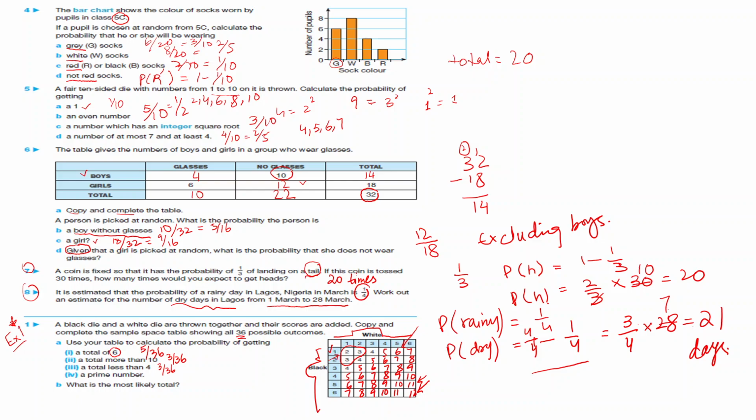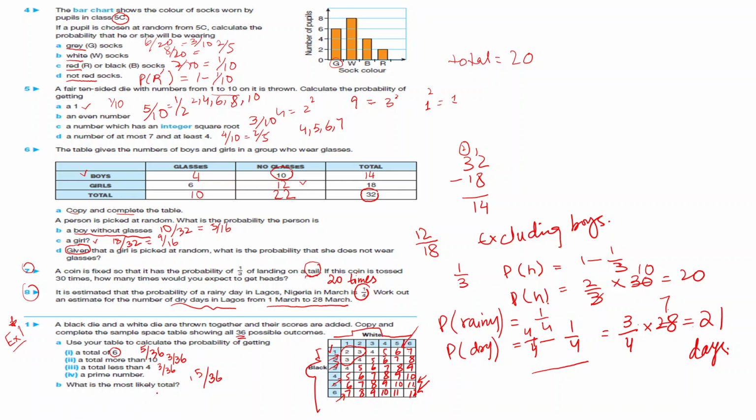This row has just 1, this row has 2, this row 1, 2, 3, 4, and this row 1, 2, 3, 4, 5, 6, so 6 and 4 is 10, and here 12, 13, then 14, 15. So the probability of getting a prime number is 15 out of 36.